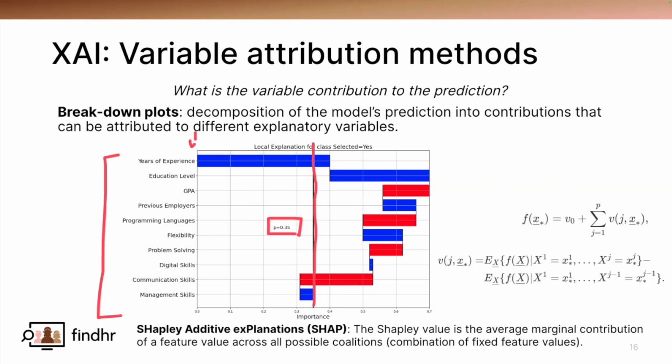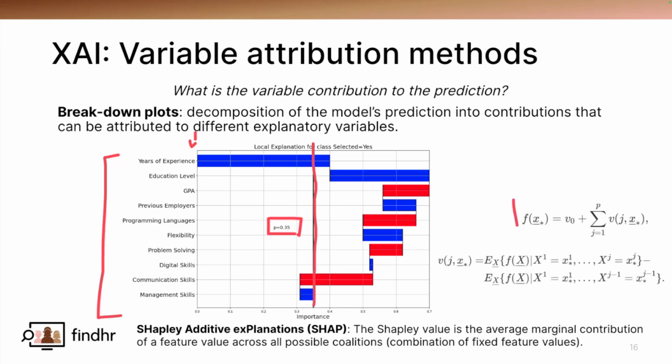It means that the lack of years of experience, the lack of education level, the lack of previous employers, the lack of digital skills in a small part, and the lack of management skill are making decrease the score of this candidate for the job for which he or she applied, despite the fact that communication skills, problem solving, programming languages, and GPA are positively contributing.